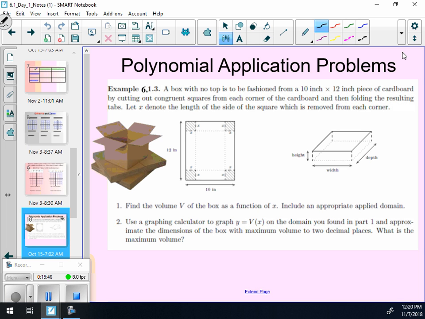Right. So this is a very typical problem that we see once we get into polynomials, because you start working with exponents that are bigger than quadratics, which we use in a lot of applications. So if we look at this box right here, if you've ever had a cardboard box and you have to put it in the recycling bin, you know how you take it all apart and you flatten it and you lay it out flat?